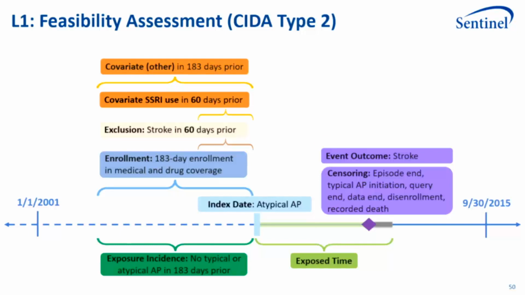Okay. And last but not least, CIDA also provides the functionality of code breakdown, looking at your index event, be it a diagnosis, procedure, or drug exposure, or providing the same for the outcome breakdown.